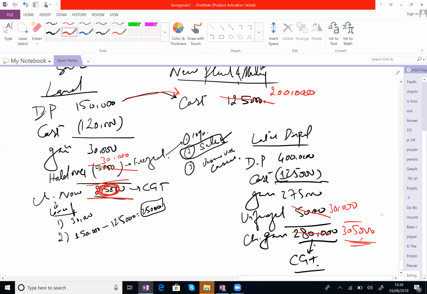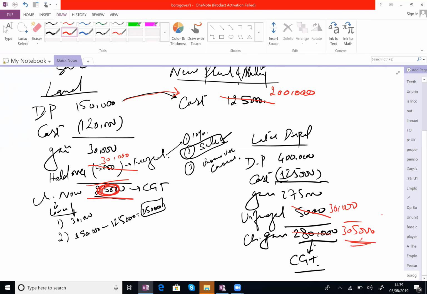Clear? Yeah. Oh, and one thing, the examiner will use the word rollover for holdover. He will not use the word holdover. He will use the word rollover for this relief also. How can you identify it is not a rollover, it is a holdover? Buying plant and machinery. You are purchasing new plant and machinery, and the examiner will tell you it is a rollover relief.